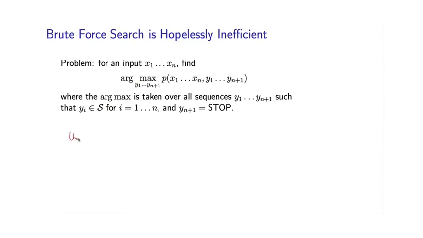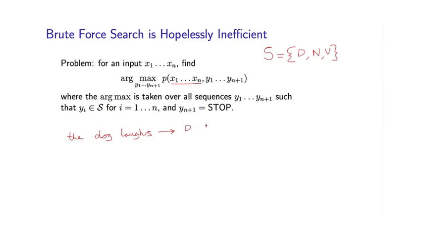Say again, we have "the dog laughs" as the input, so that is x1 through xn in this case. And let's say that S, the set of possible part of speech tags, is of size just 3. So we have D, N, and V, for example. Then I can list all possible tag sequences.